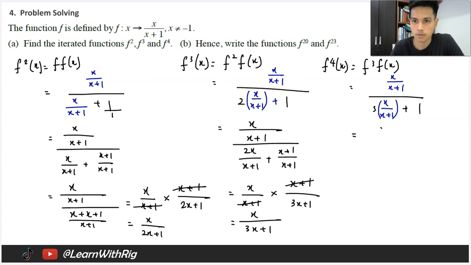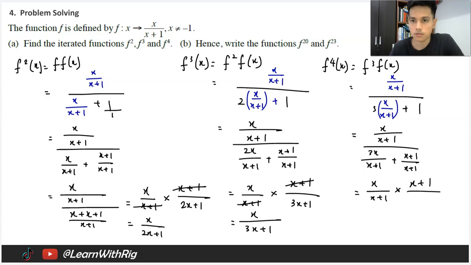You can expand, you get x over x plus 1 over 3x over x plus 1 plus x plus 1 over x plus 1. So x over x plus 1 times, not equals, times x plus 1 over 3x plus x equals 4x plus 1. Cut, x over 4x plus 1.